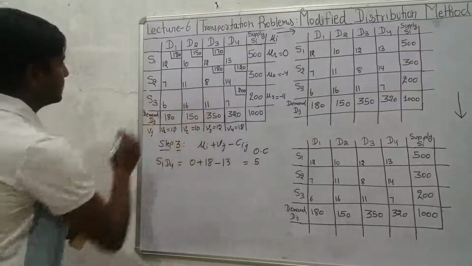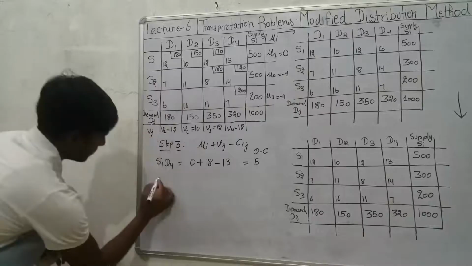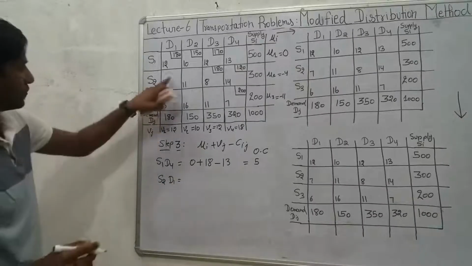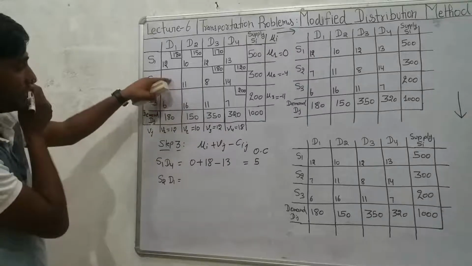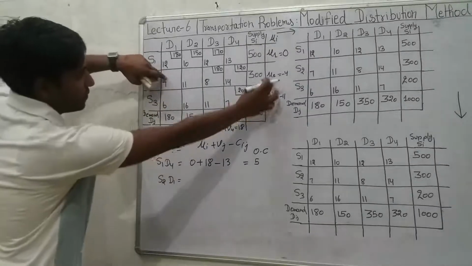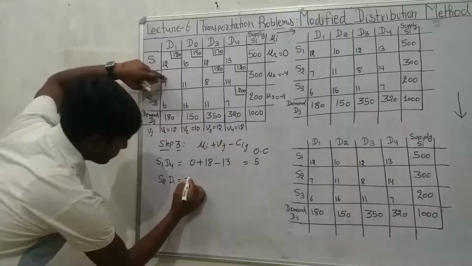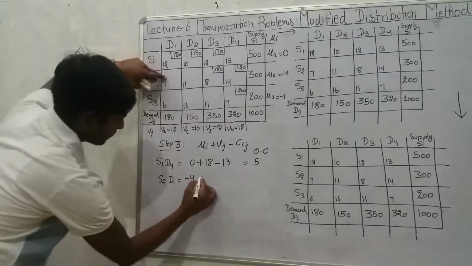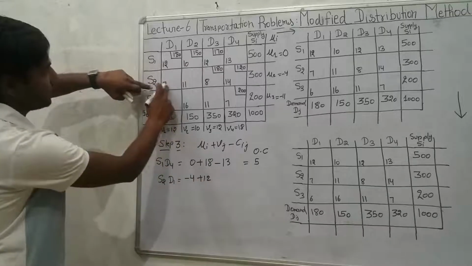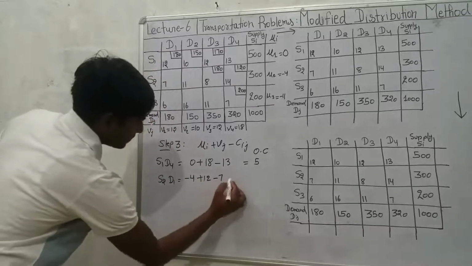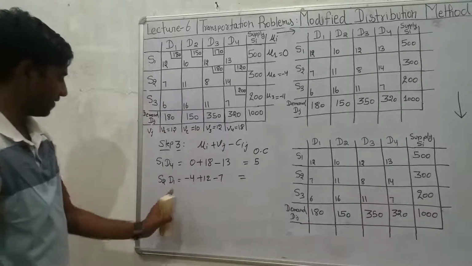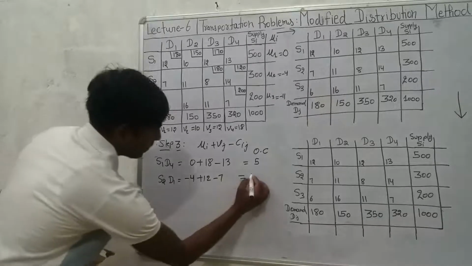Now consider the next empty cell, that is S2D1. For this particular cell, what is the value of U? It is minus 4. What is the value of V? It is 12. And what is the value of Cij? It is 7. So simply put these values in the formula. The opportunity cost of S2D1 is 1.